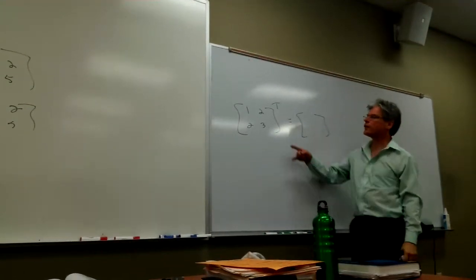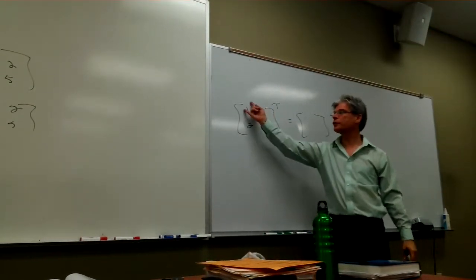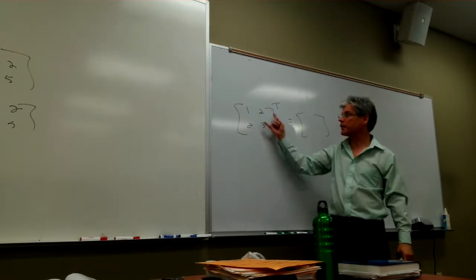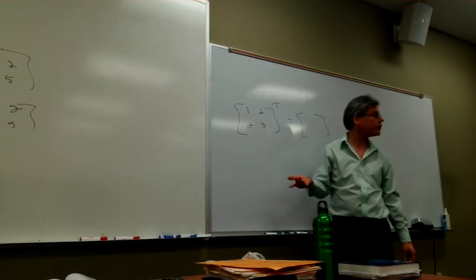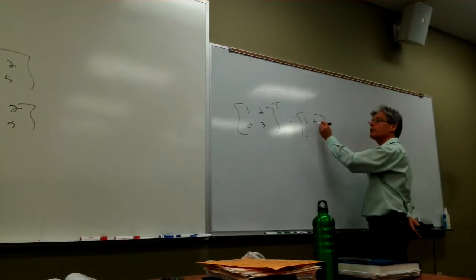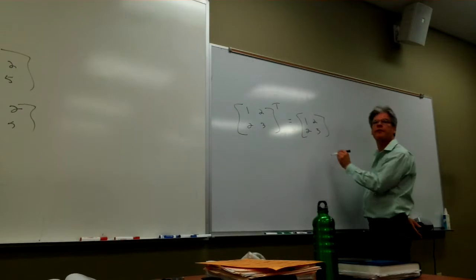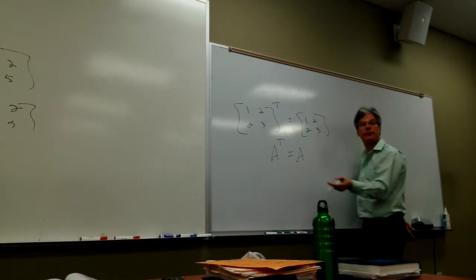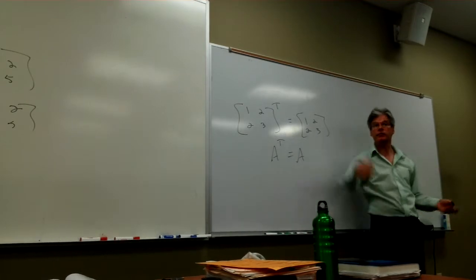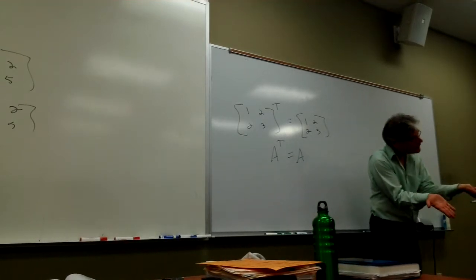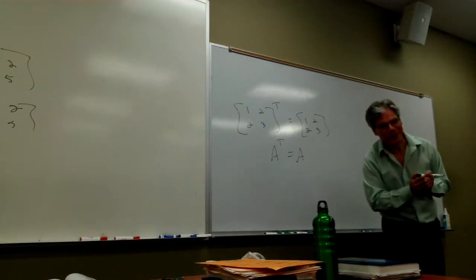Oh, so you're suggesting when I take this row and use it as my new first column, it's the same as the first column before. When I use the second row as my second column, it's the same as the second column before. I think this is an interesting example where the transpose of the original matrix is equal to itself. If ever the transpose of a matrix is equal to itself, Brad, something you brought up from the homework, I didn't mention, we sometimes classify it as, as you guys read last night, I hope, symmetric.